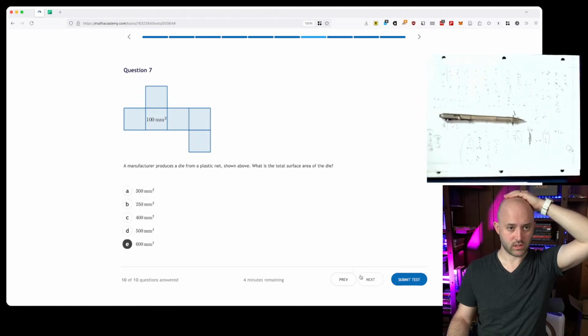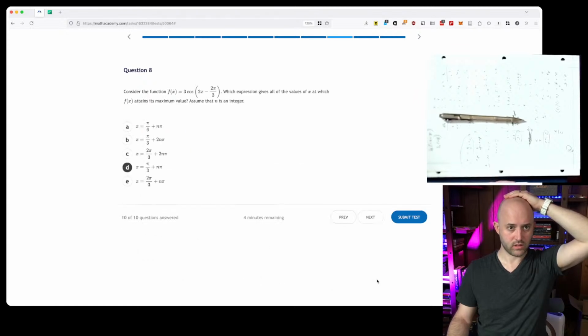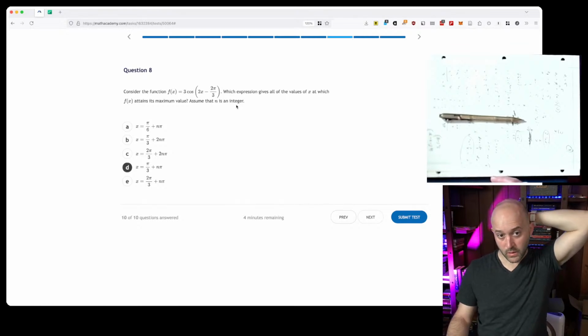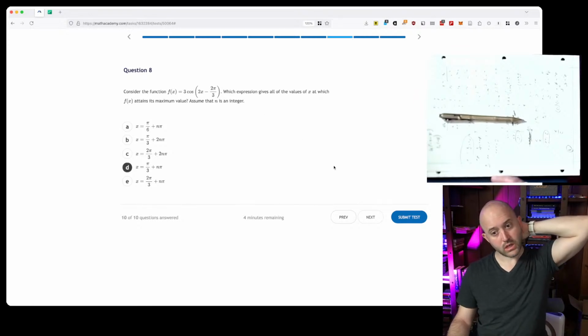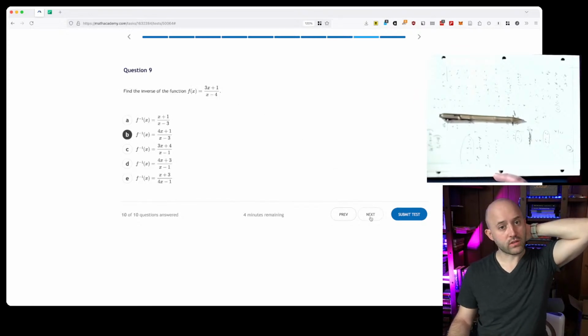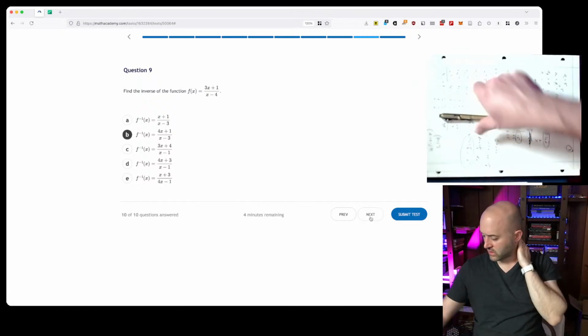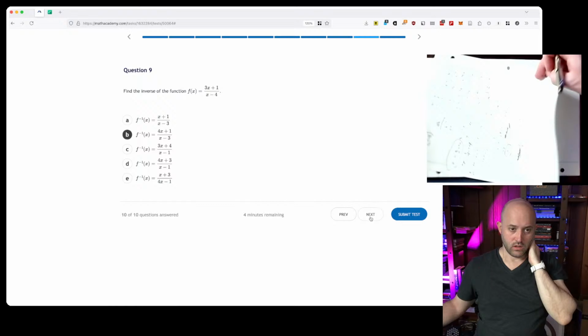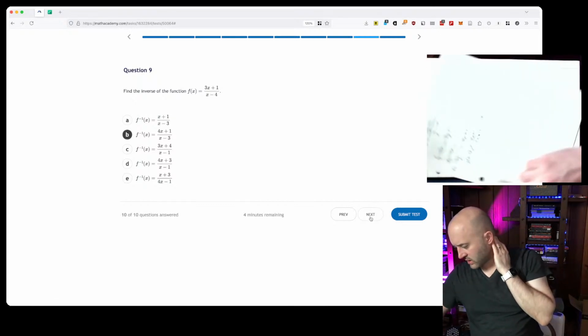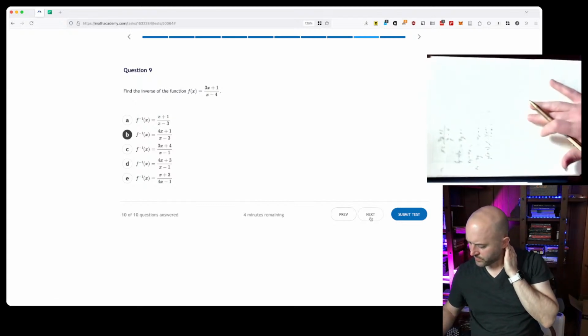So I'm just missing something stupid obvious. You can see the function here, because the maximum value, it's not a minus sign here, so this is 3 times, but that doesn't matter. And, okay, inverse of this is 4x plus 1 over x minus 3, I think is what I exactly had here.